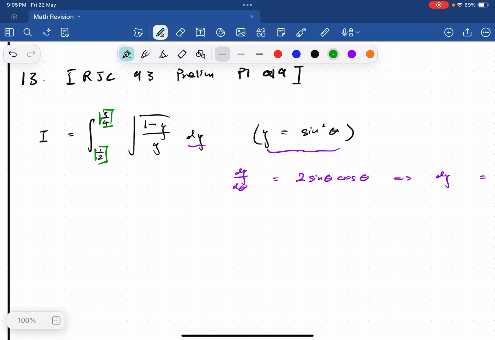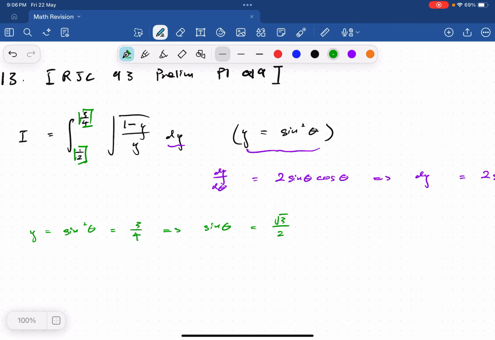So when y is equals to sine squared theta, I am going to take care of the upper bound first. This means that I will always use the principal values. I said this in the part 2 as well. Always use the principal values, always use the basic angle. So sine theta, I just take the root of sine squared theta, and therefore my basic angle of this is pi over 3.